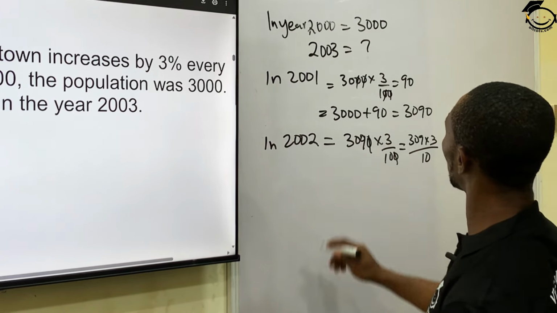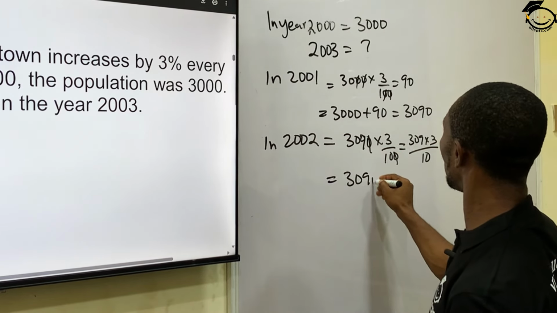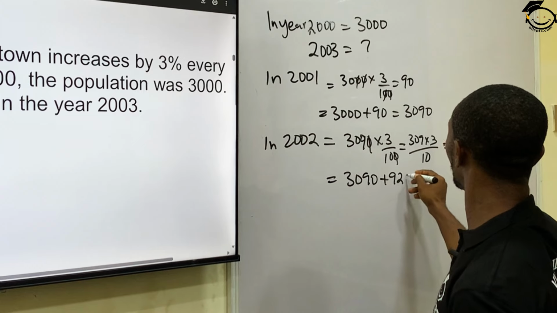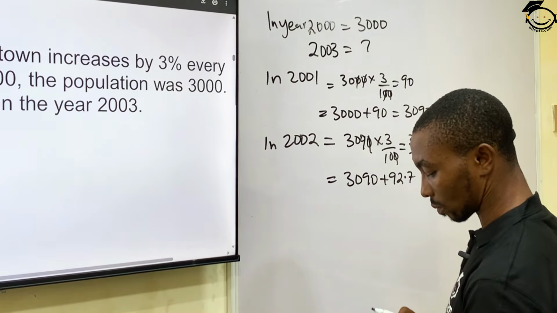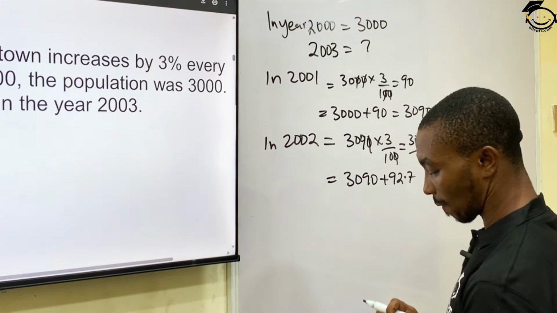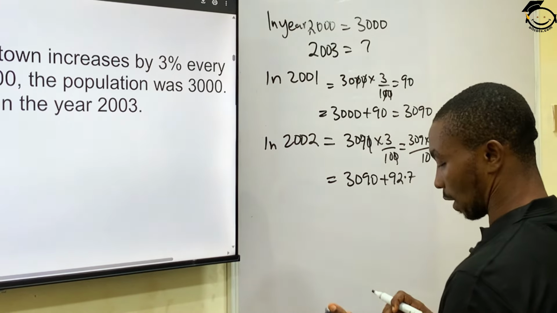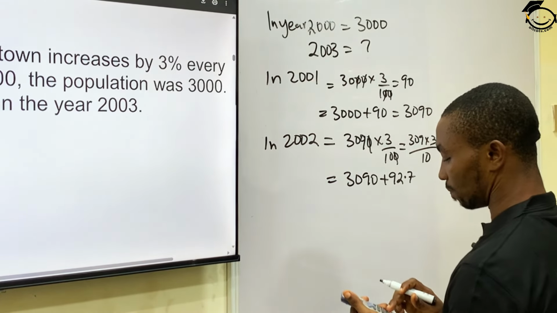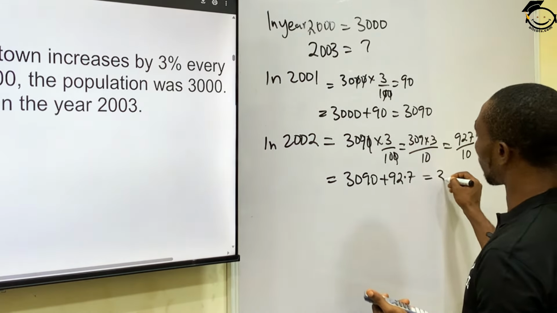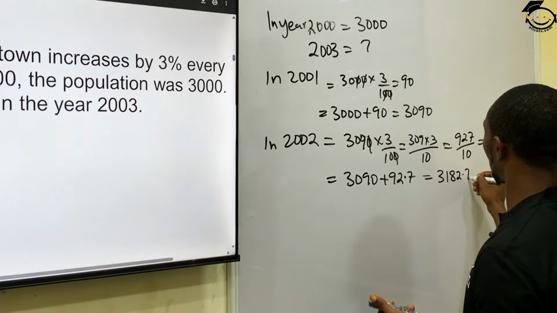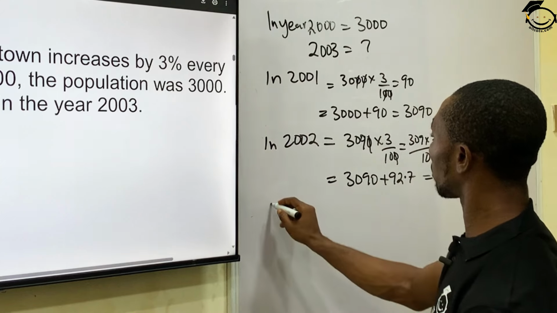So adding it to 3,090, our population for 2002 will become 3,090 plus 92.7, which will give us 3,182.7. That's for 2002.